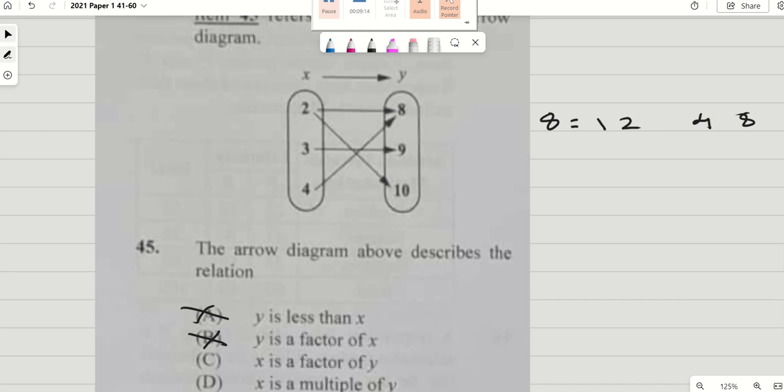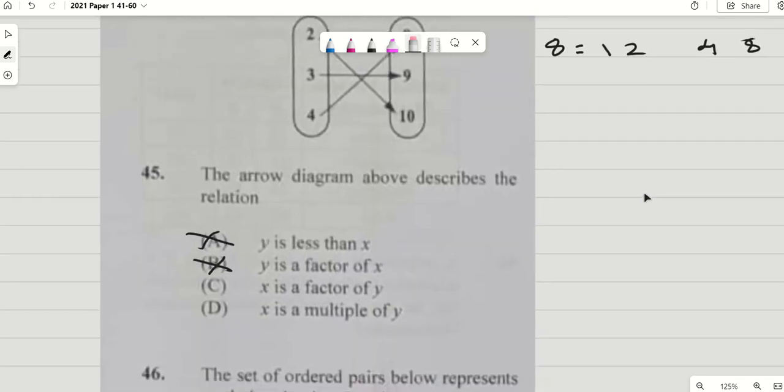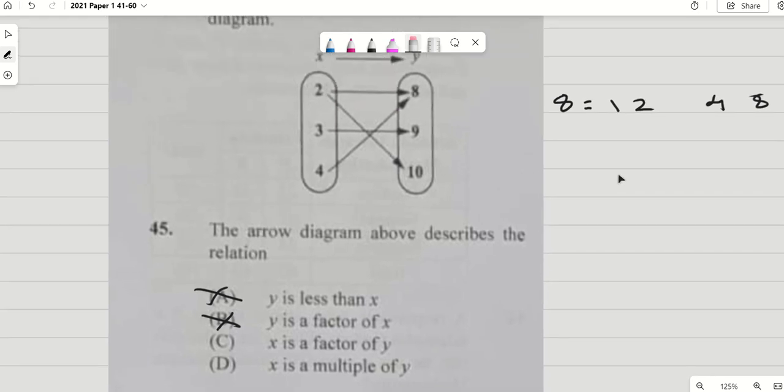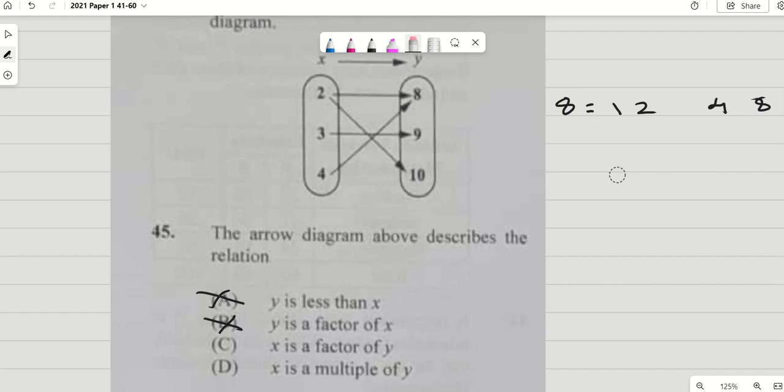If I had to write factors of 2, my factors of 2 would have been 1 and 2. 8 is not found there, so we know that it is not B. You have to read these things very carefully, yeah? Let's look at D just to make sure it's x a multiple of y. Right? No, it is not. Right? So D is not your answer. So your answer here is x is a factor of y.